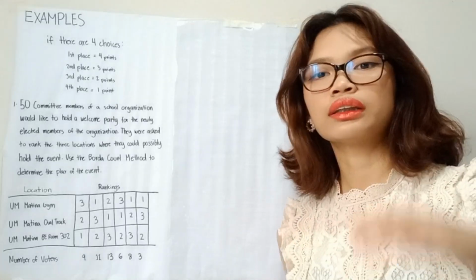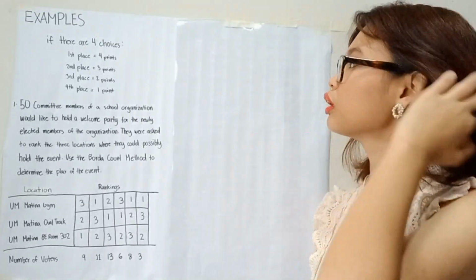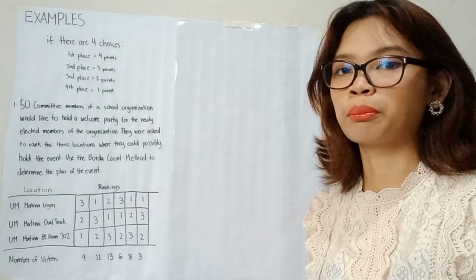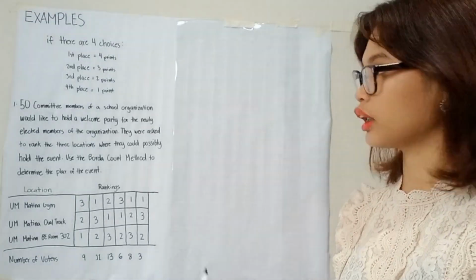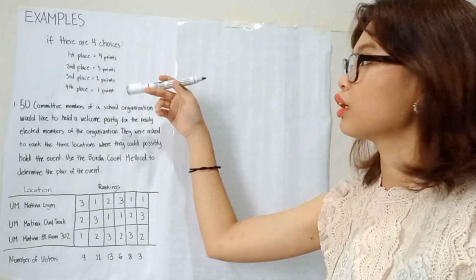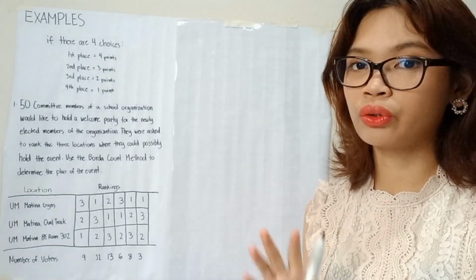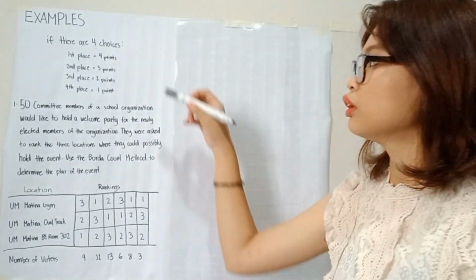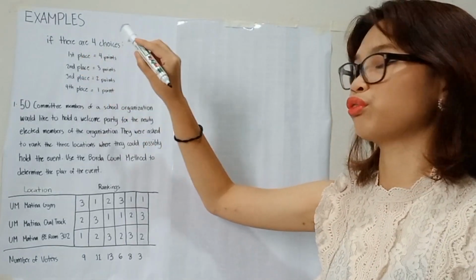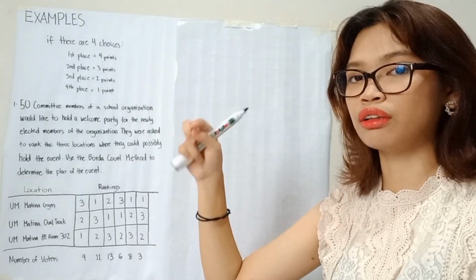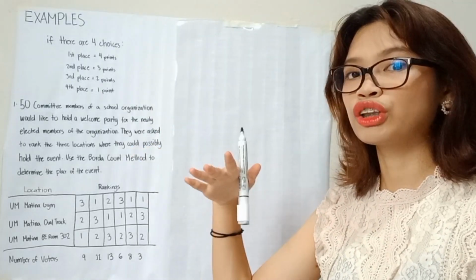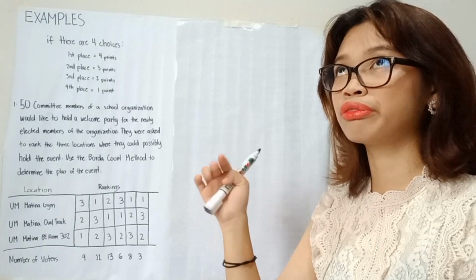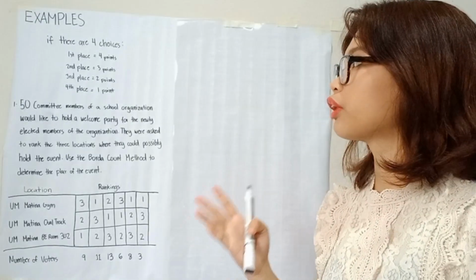Now let's solve the first example. As we discussed earlier, if there are 4 choices in an election, the first place will have 4 points, which is the biggest points in the election, because there are four candidates.